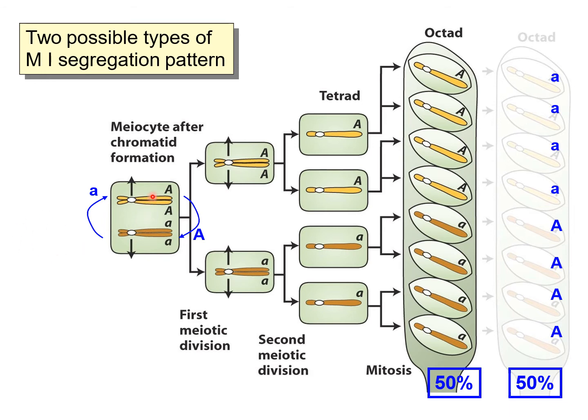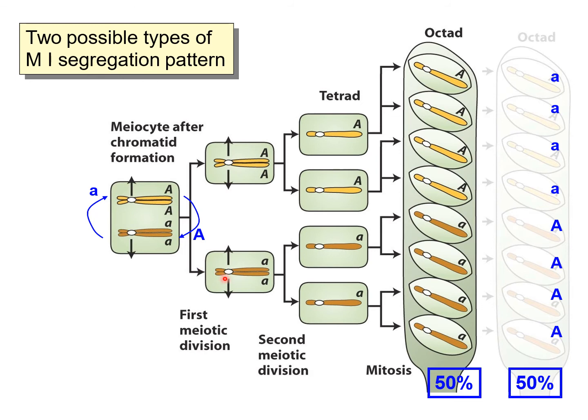This is the capital A and the small a. Now, as per Mendel's third law of independent assortment, there is a possibility that this may arrange this way, where the capital A will be over here and the small a over here.